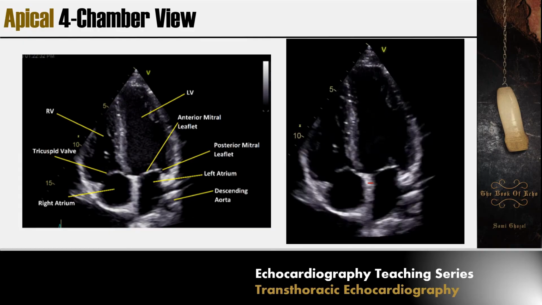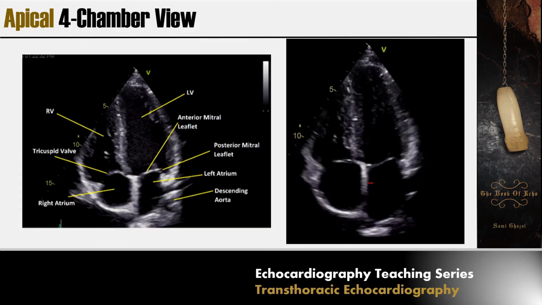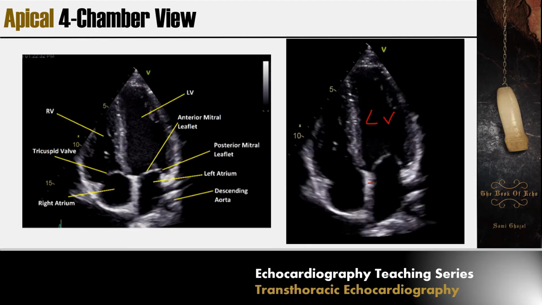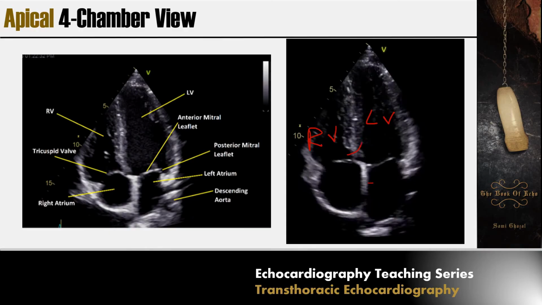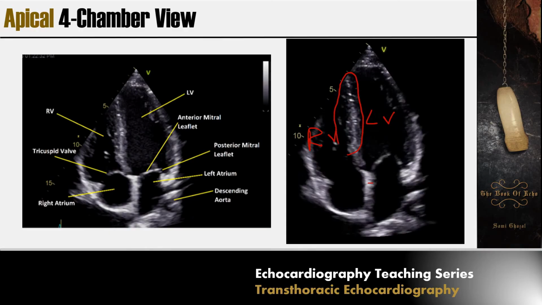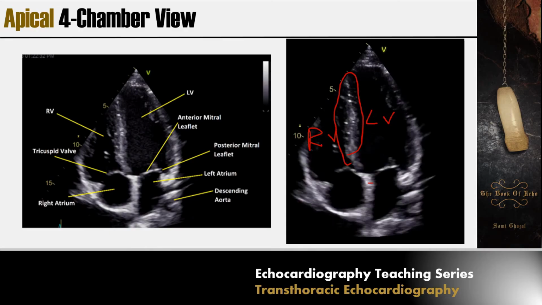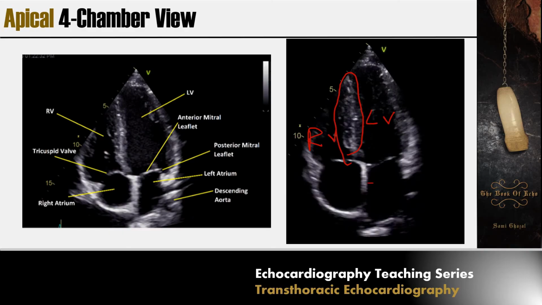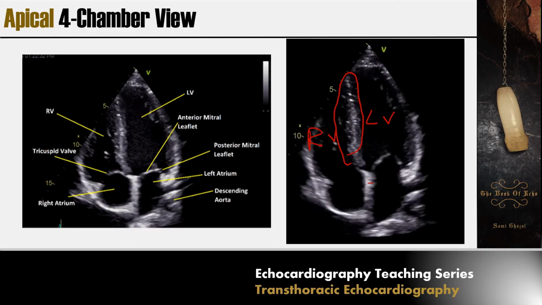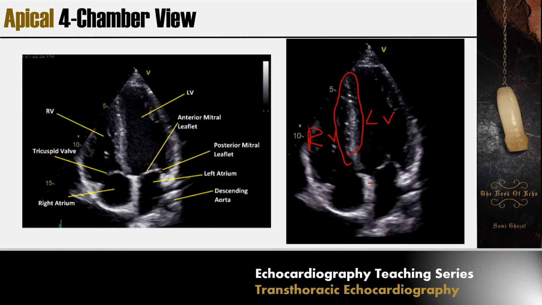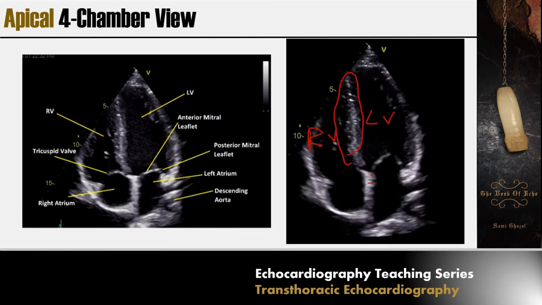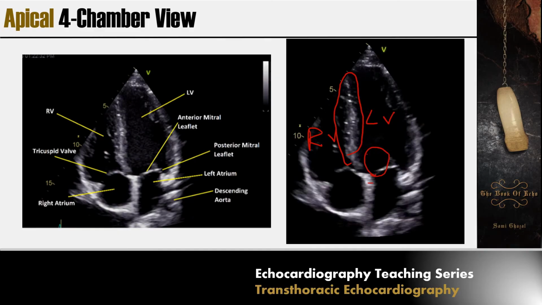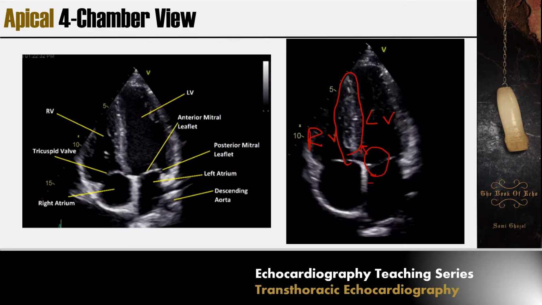And this is the LV here on the right side of the monitor. This is the RV. This is the interventricular septum. And because we don't see the aortic valve here, this is not the anterior part of the septum. It is the inferoseptum. The mitral valve, again, the leaflet closer to the septum is the anterior leaflet.